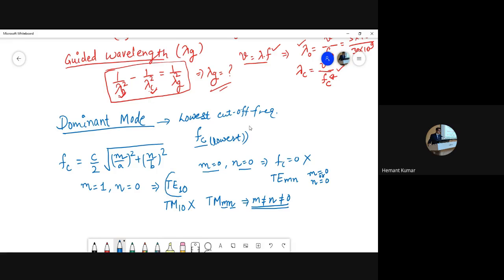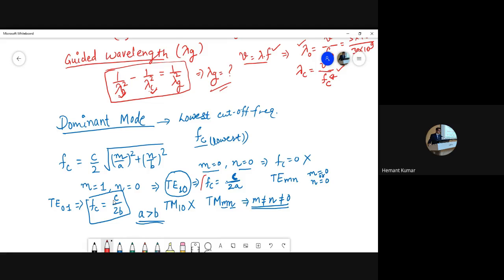So the TE10 mode has a cutoff frequency equal to c upon 2a. And if you calculate the cutoff frequency for the 01 mode, then with m equal to 1 here, it will become c upon 2a, and for the other it will become c upon 2b, because in general a is greater than b.